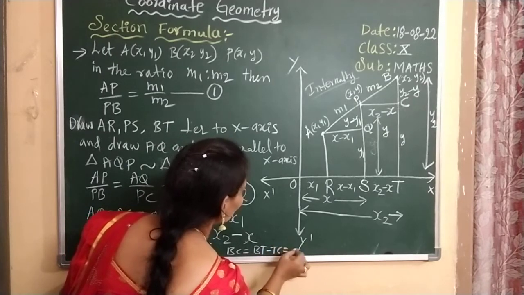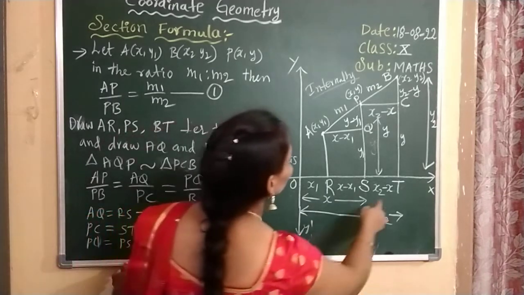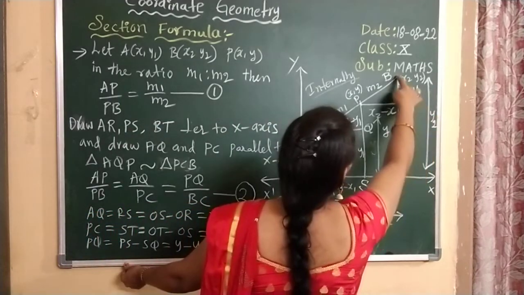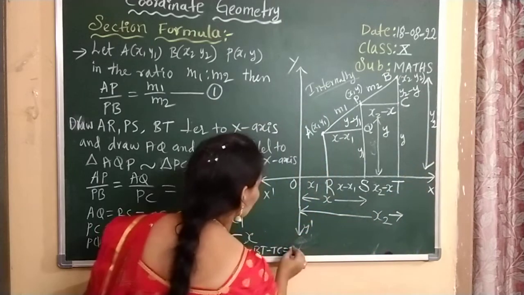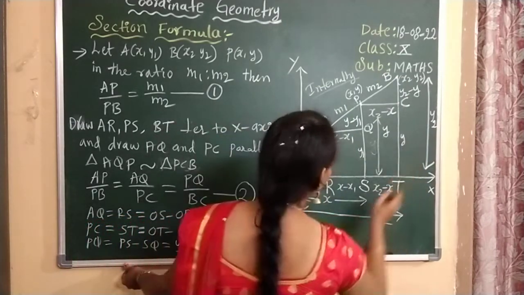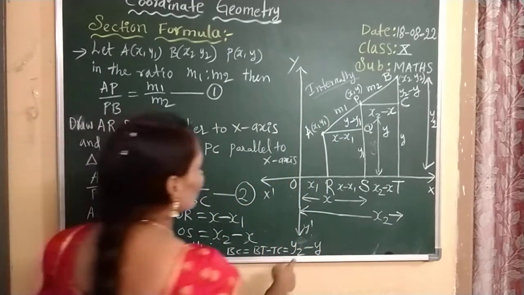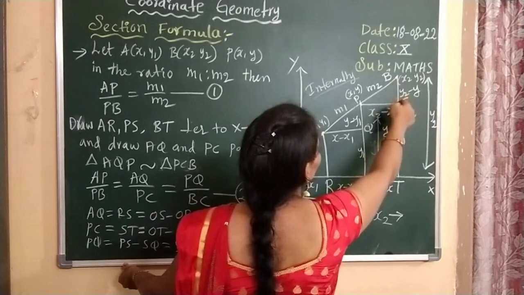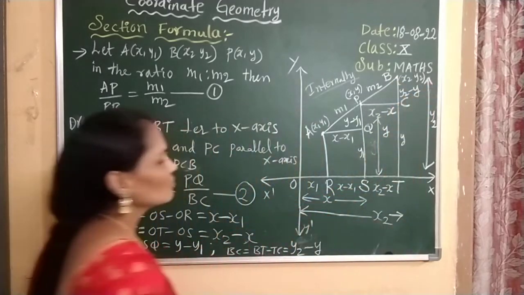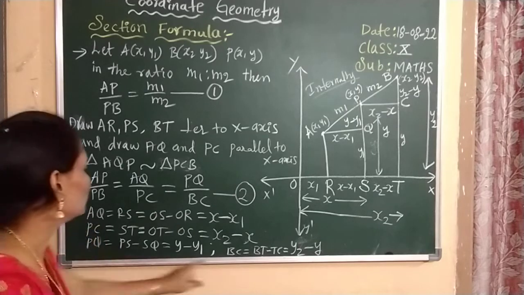BT is y2, the length of BT is y2. So y2 minus TC. TC is y only. Now we got y2 minus y. So BC is y2 minus y.